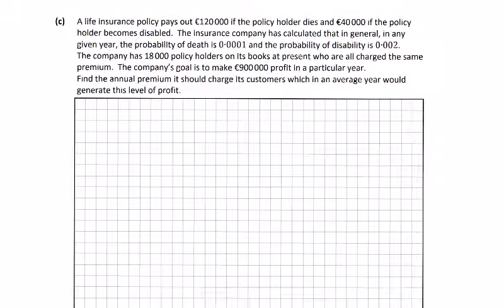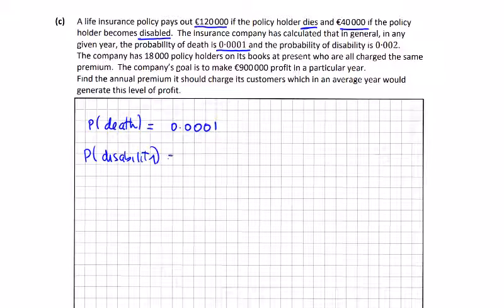Part C, an insurance policy pays out 120,000 on death, 40,000 if the holder becomes disabled. The insurance company has calculated in general any given year probability of death 0.0001, a bit of a morbid question to end the 2021 exam, and the probability of disability 0.002.